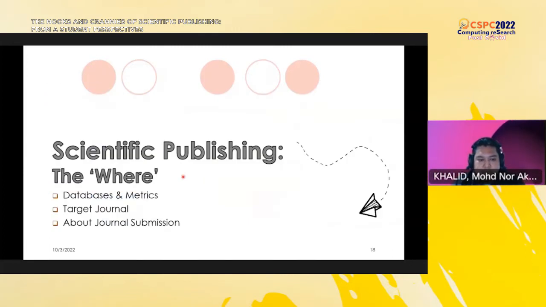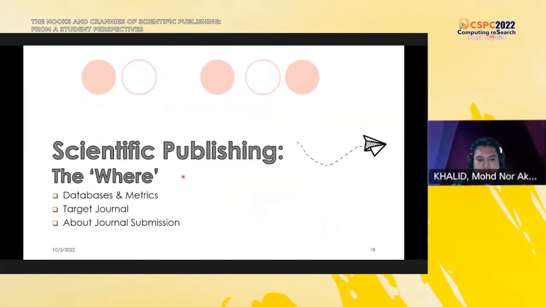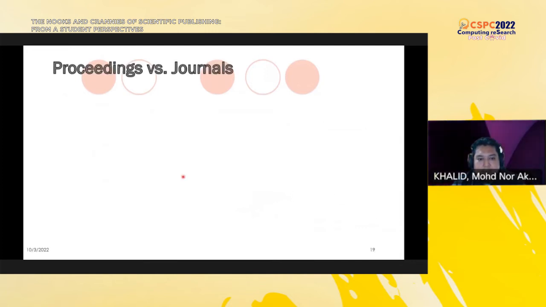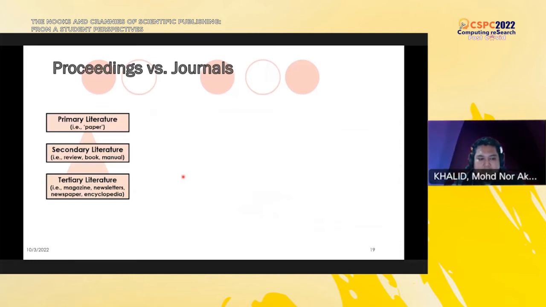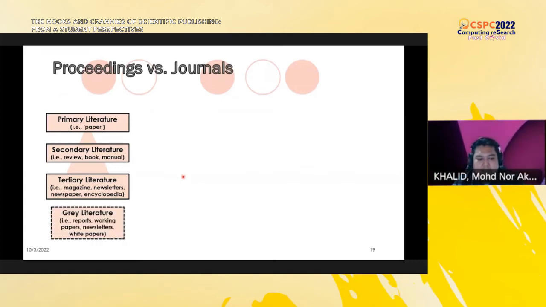Okay, so the next part is on where you can publish your research. You can focus on proceeding versus journal. These are what we call primary literature. You can have secondary literature and tertiary literature as well, and some are called grey literature.